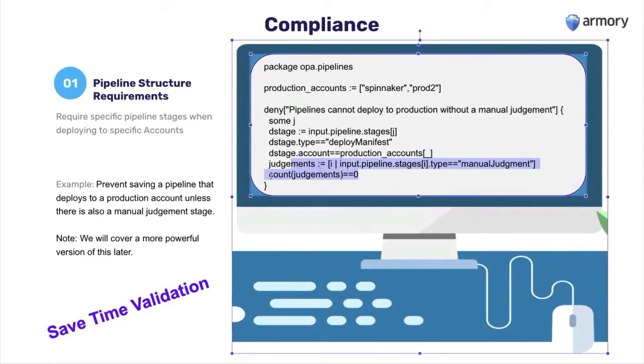These last two lines are a shorthand that basically builds an array of every stage where the type is manual judgment, and this counts how many items are in that array. So, if I don't have a manual judgment and I'm deploying to a production account, then we deny. That's it for this use case. And now we have enforced that no pipeline can deploy to production unless it's got a manual judgment stage.